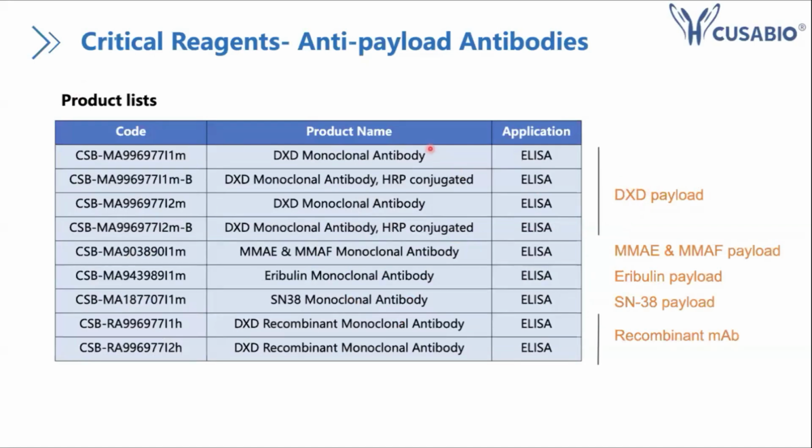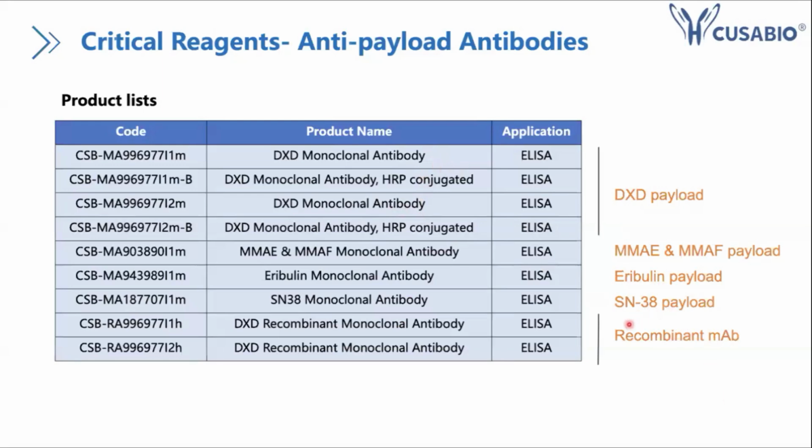For this one, we have two different clones of the DXd monoclonal antibody, and we also have an HRP-labeled anti-DXd antibody. With the HRP-conjugated antibody, we can facilitate detection and eliminate the need for a secondary antibody.